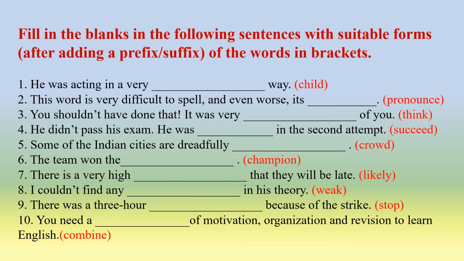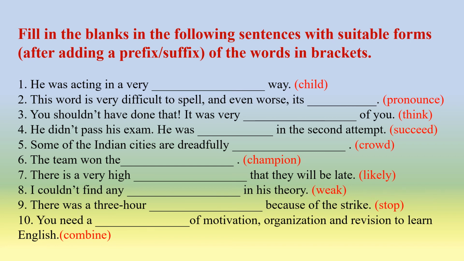Then the seventh one, there is a very high dash that they will be late. In bracket, likely. That is the root word. Eighth one, I couldn't find any dash in his theory. The root word is weak.